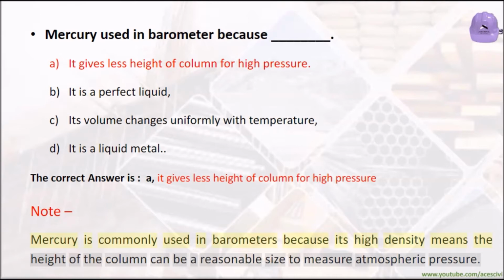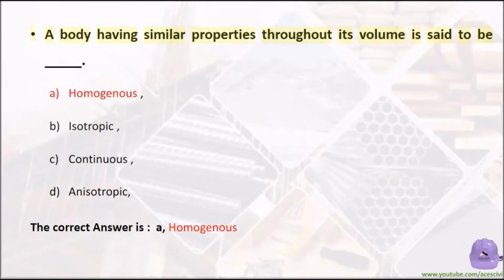A body having similar properties throughout its volume is said to be: A. Homogeneous, B. Isotropic, C. Continuous, D. Anisotropic. The correct answer is A. Homogeneous.